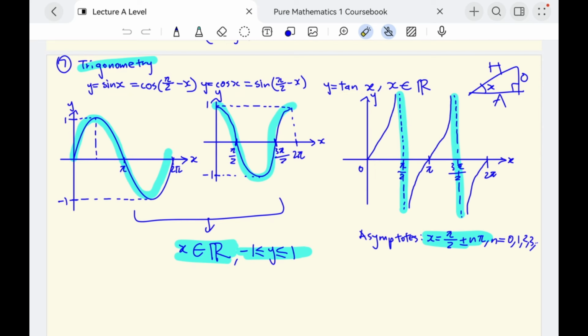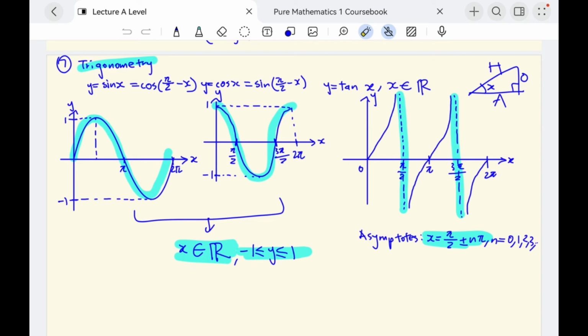So how to draw a sine graph? It is a sinusoidal wave. Cosine is also a sinusoidal wave, just that the difference between sine and cosine is 90 degrees. 90 degrees minus this converts one to the other. This one I will explain further in my subsequent videos, which is on trigonometry.